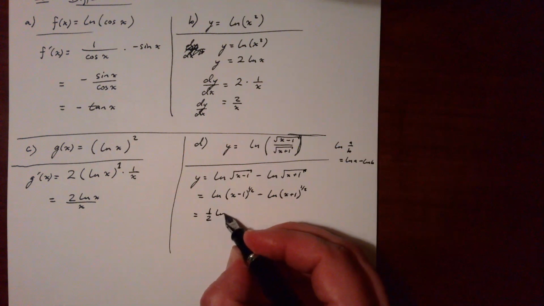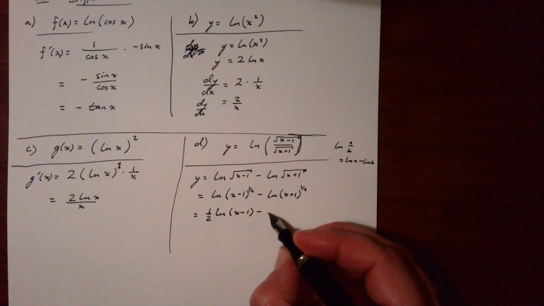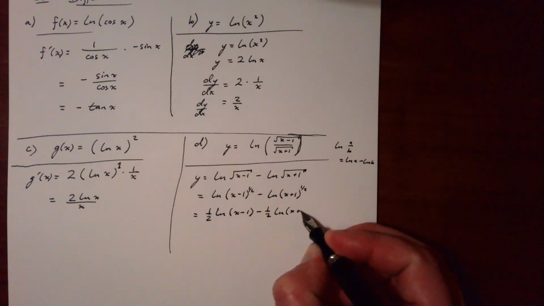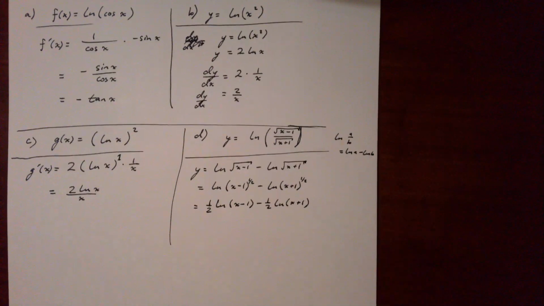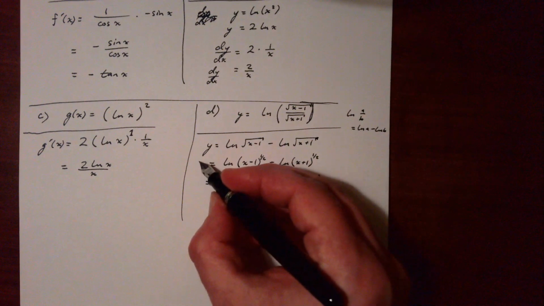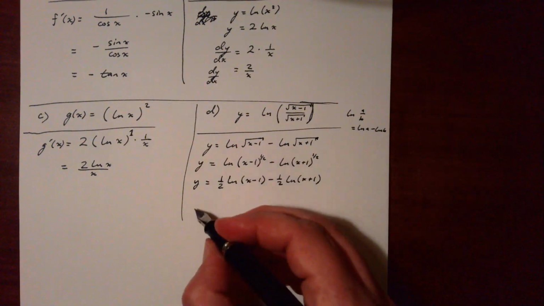So this is now 1/2 natural log x minus 1 minus 1/2 natural log x plus 1. Okay, so that's as far as logarithms can take us without doing any calculus yet. We haven't taken any derivatives. All we've done is rewrite things using the properties of logarithms.